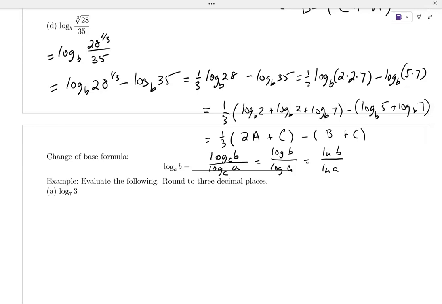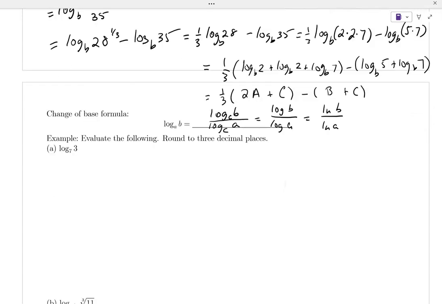So if we look at this first example, where we have log base 7 of 3, we can rewrite that as either log of 3 over log of 7, common log of 3 over common log of 7, or ln of 3 over ln of 7. Either one will give you the same answer. Doesn't matter which one you use.